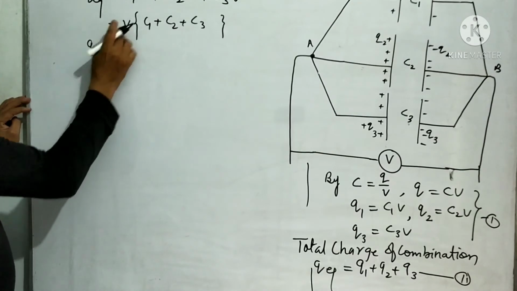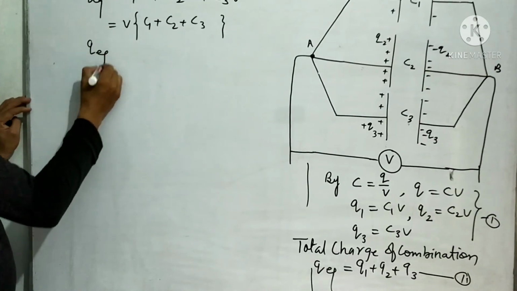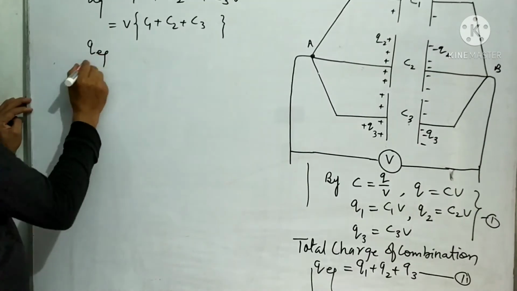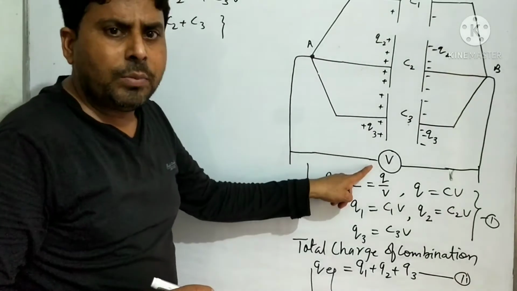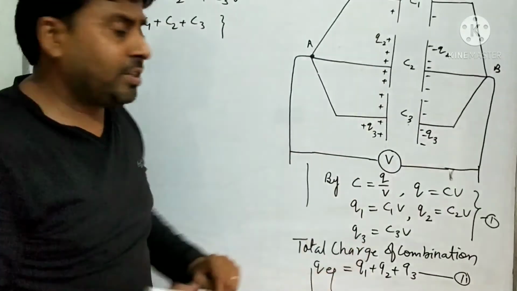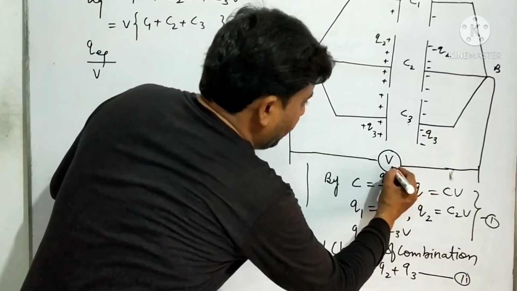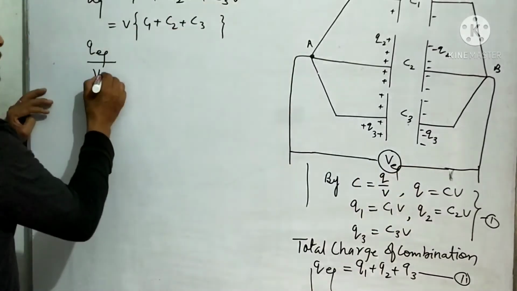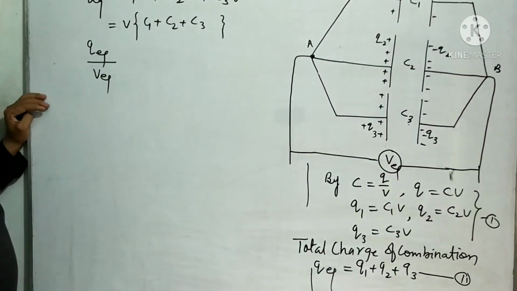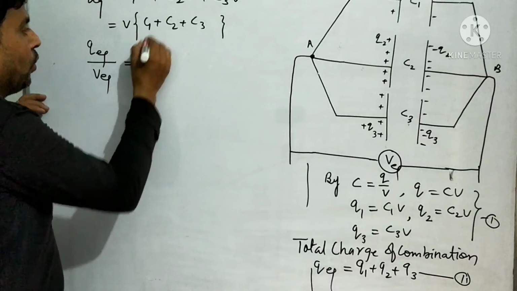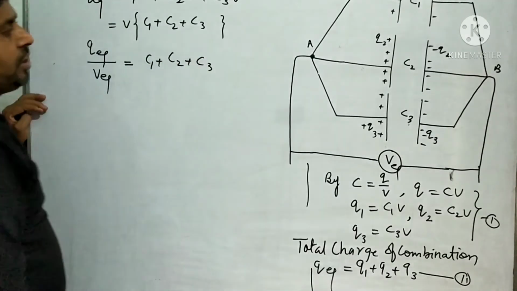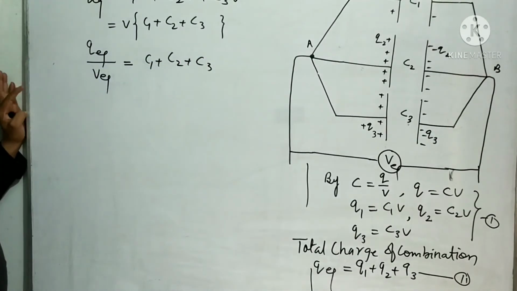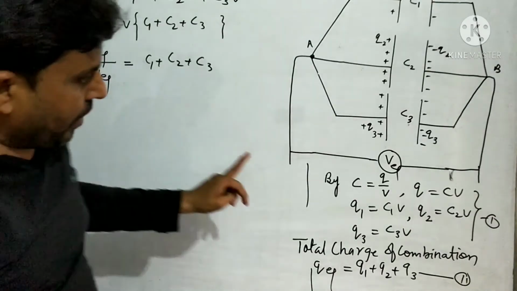Transfer V here: Q equivalent, or total charge, divided by V, and V is also equivalent, because the total potential remains the same. So we can set it equal to C1 plus C2 plus C3. Clear? Q over V from here.